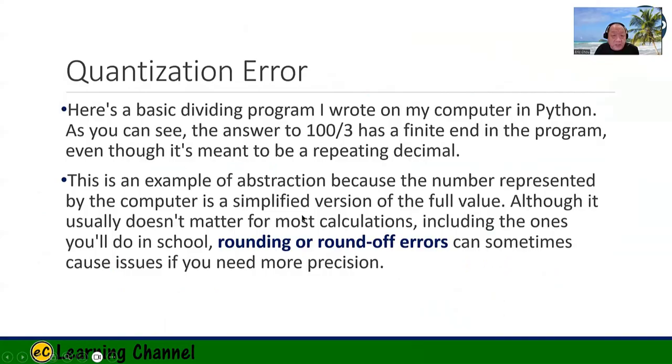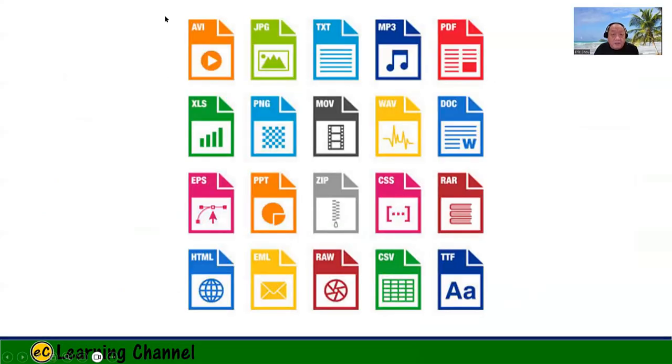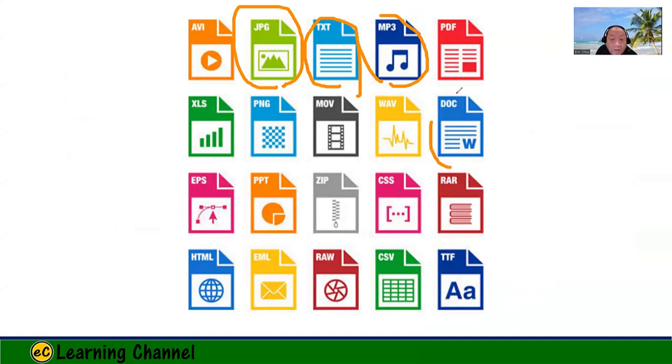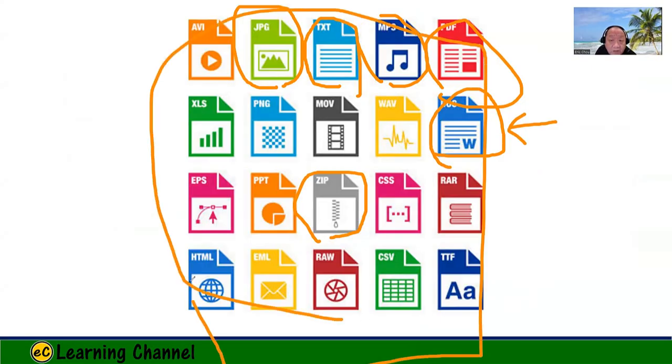Your data file can be stored for pictures, that's called JPEG, for text that's called a TXT file, for music that's called MP3, for Word that's called DOC, for reading that's called a PDF file, and a compressed file is called a zip file. Is that okay so far? Yeah. So this one right here, you pretty much need to know every single file format.